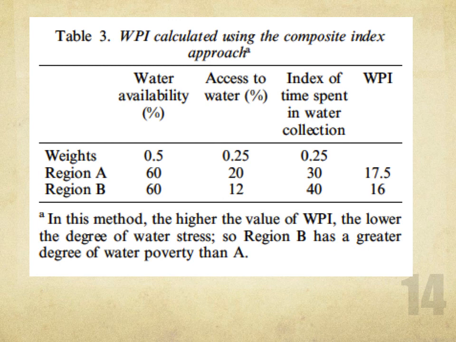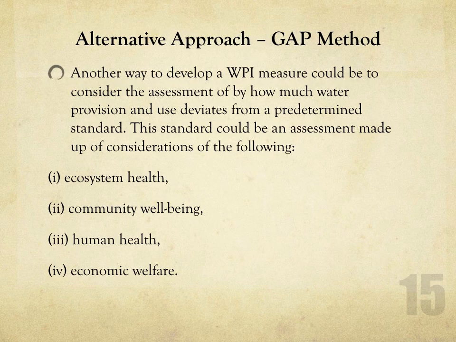So region B has a lower degree of water poverty than A. So A is more water poor than region B. You can develop this concept and you can have more elements and a longer formula for calculating the water poverty index. So that was a small illustrative example just to explain the concept and approach towards calculating the WPI.